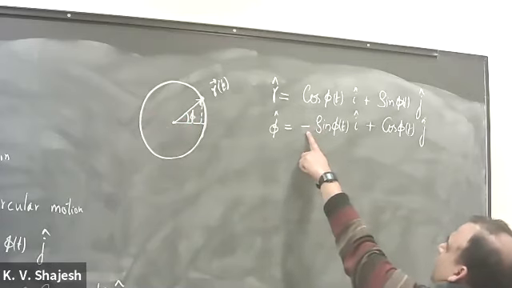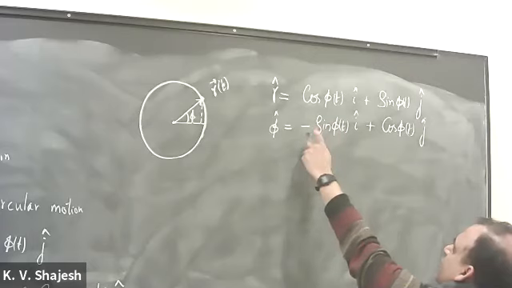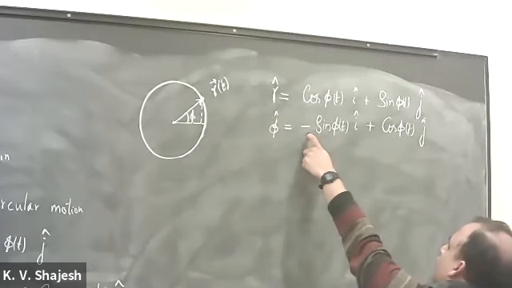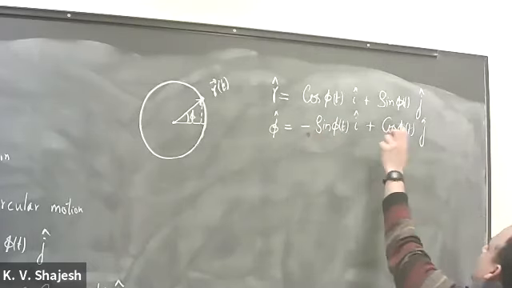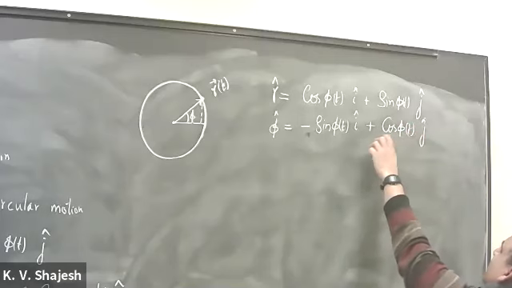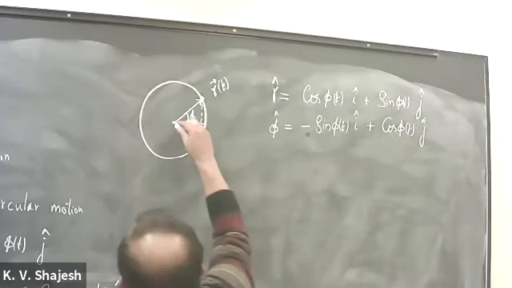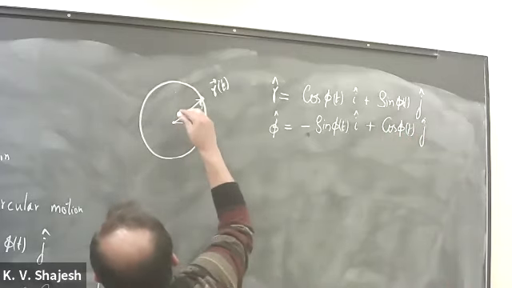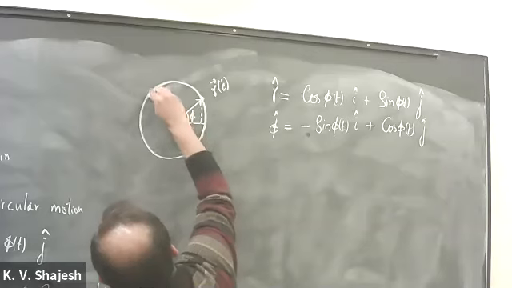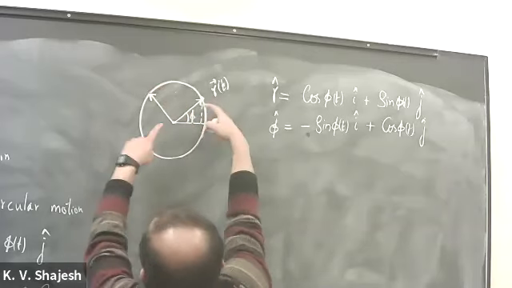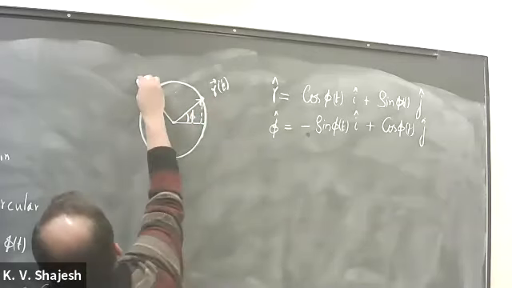If phi is positive, let's say, and less than 90 degrees, then I know that this will be in the second quadrant. So if you were to draw this, it will be somewhere here, of the same length. If this is unit length, that's also unit length. That's your phi hat.